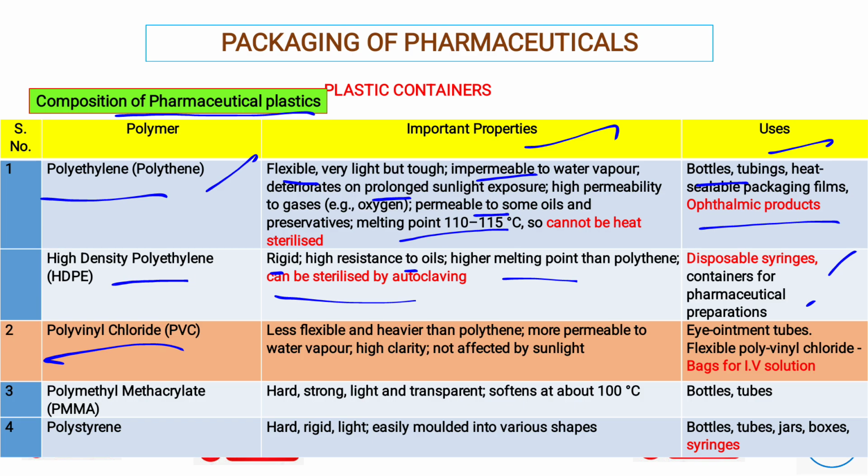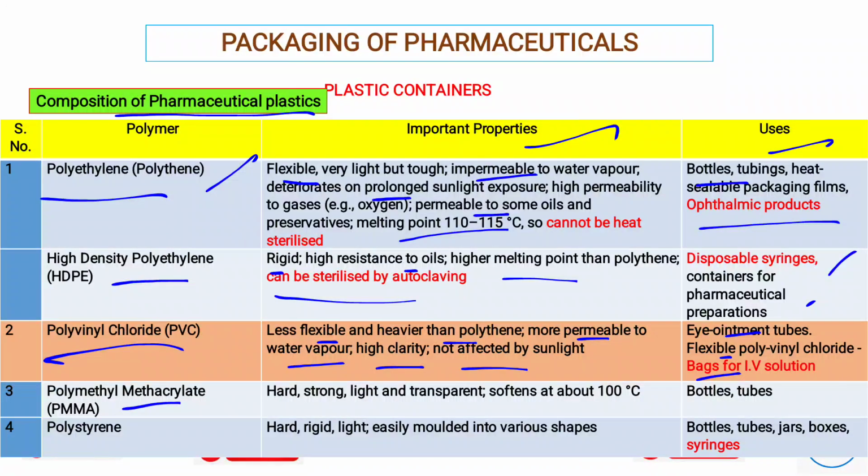Polyvinyl chloride is less flexible, heavier than polythene, and more permeable to water vapor, with high clarity, and is not affected by sunlight. So it is used for eye ointment tubes and flexible polyvinyl chloride bags for IV solutions.